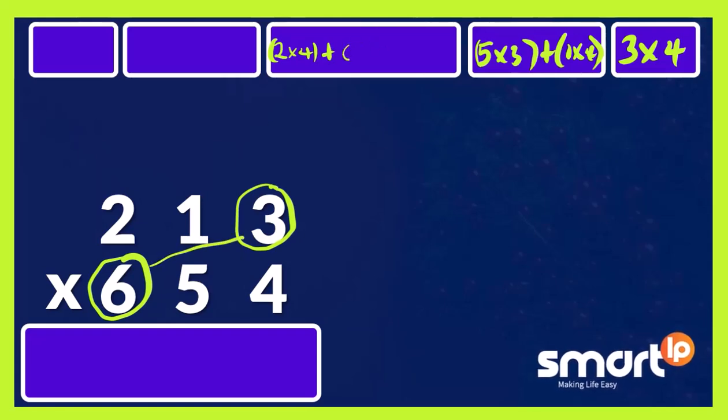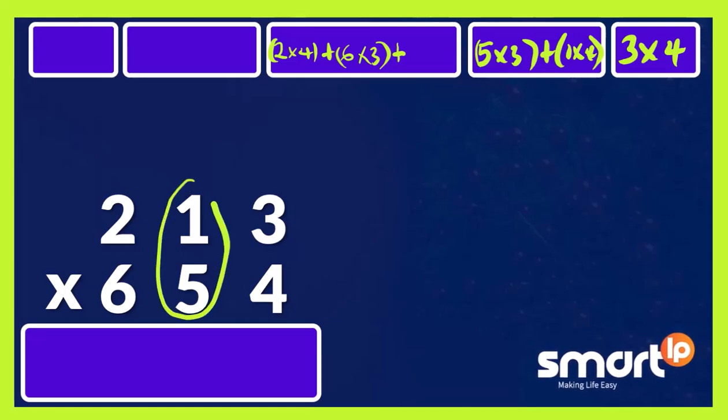That is 6 times 3. Put that also in brackets. Remember, you're adding them, so then plus. Next, take the second digit of both numbers and multiply them: 1 times 5. Put that also in brackets. Okay, great job. We're done with that box.